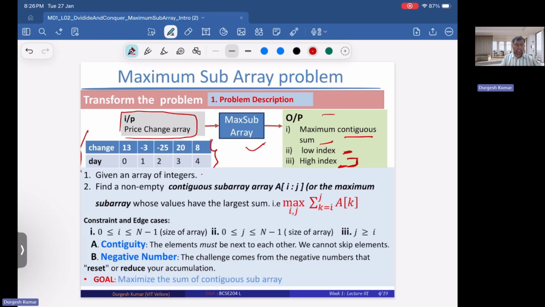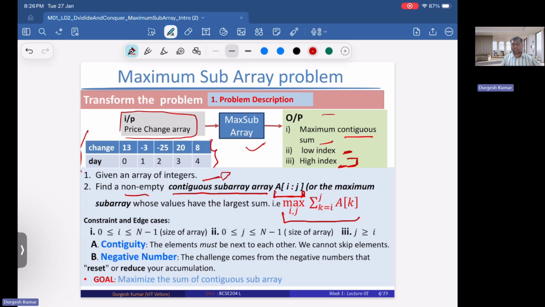So formally, we have a given array of integers. Integers can be positive, negative, or zero. We have to find a non-empty contiguous subarray, including A_i to A_j, so all the elements from A_i to A_j, such that when you sum up the elements, this gives you the maximum.